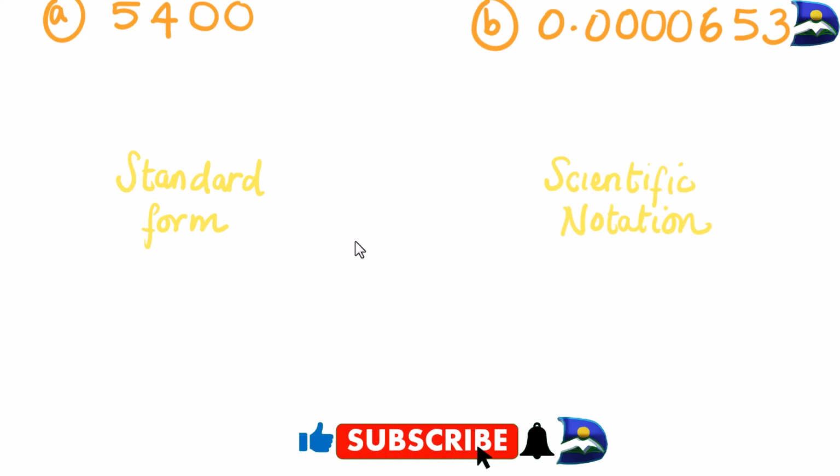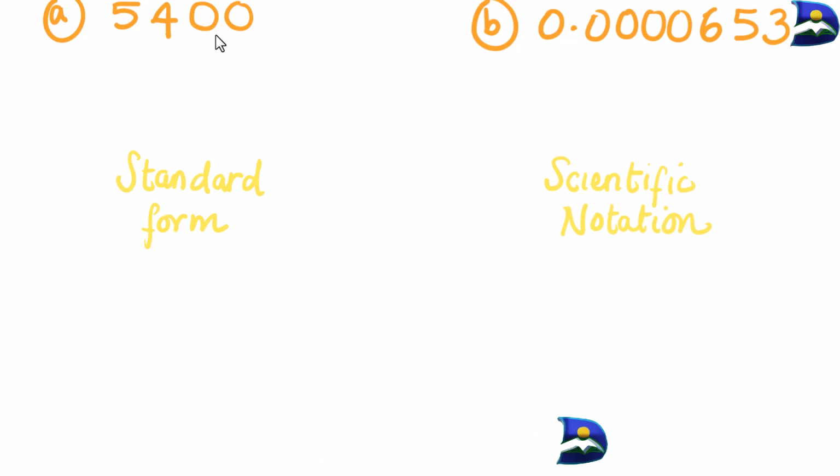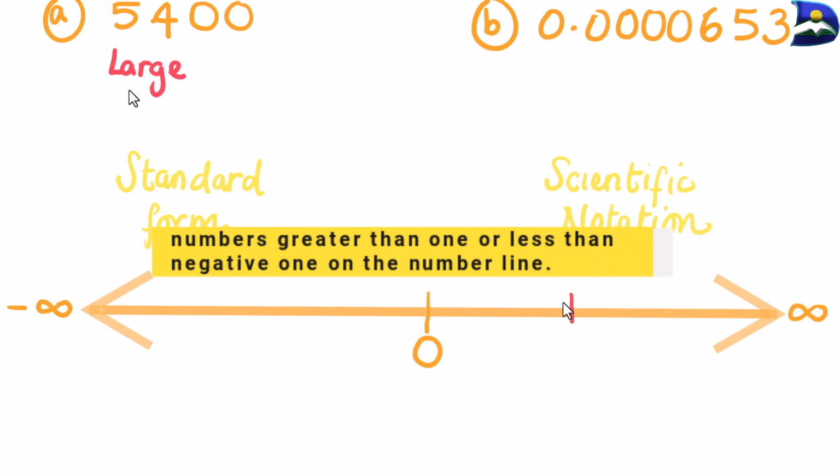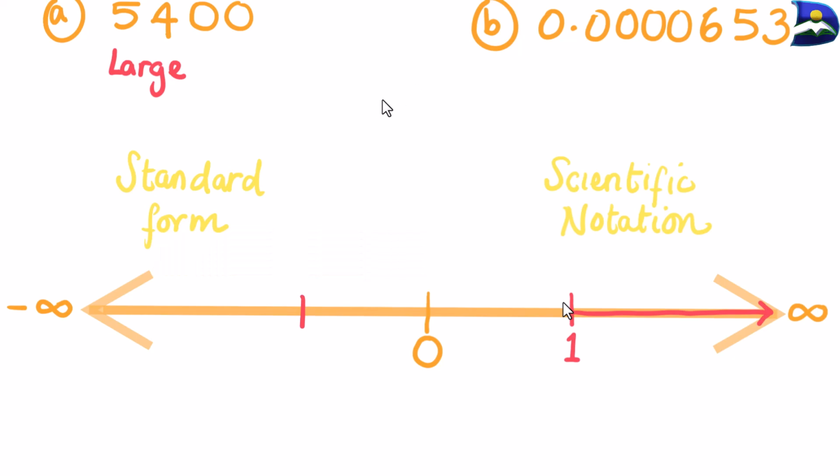digits that make up that number, either this particular form which represents very large numbers, where large numbers are considered to be numbers that are greater than 1 on your number line or less than -1 on your number line.